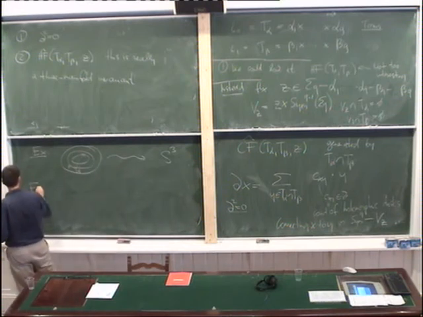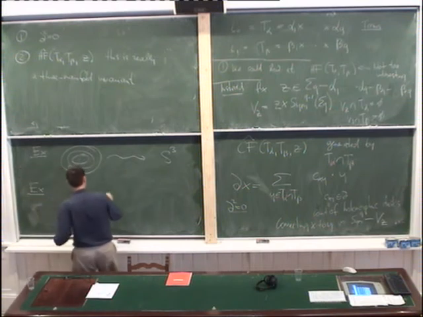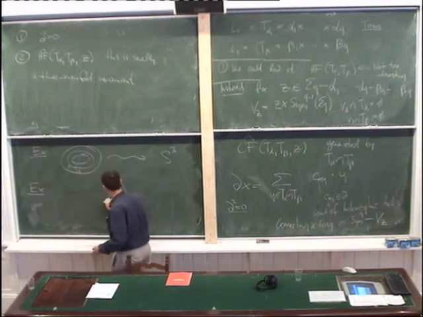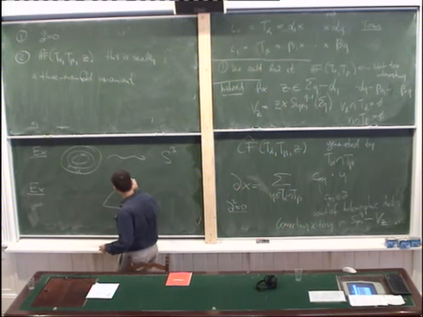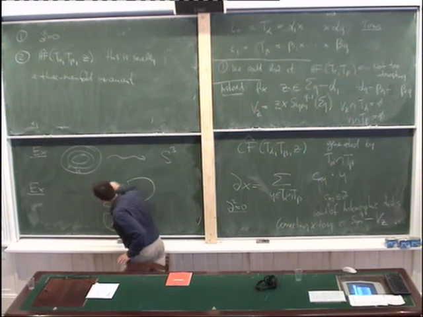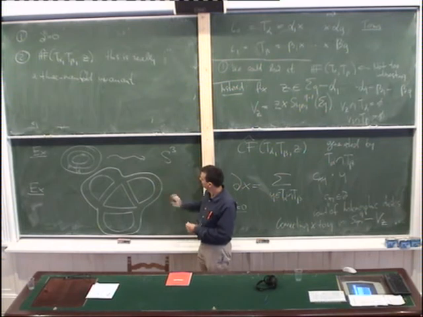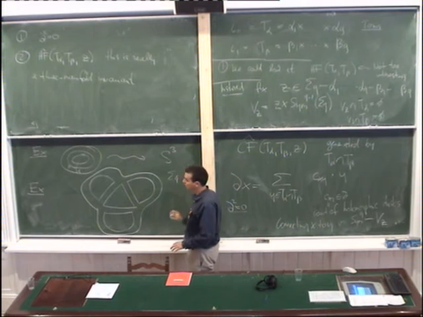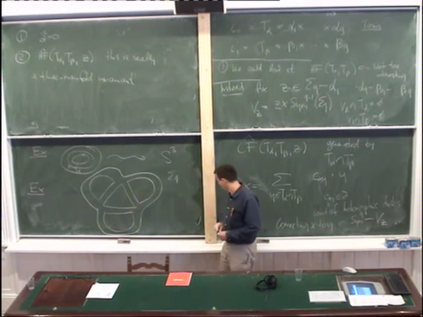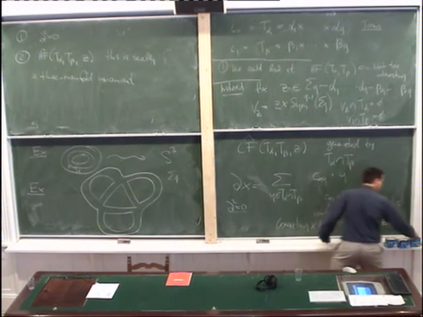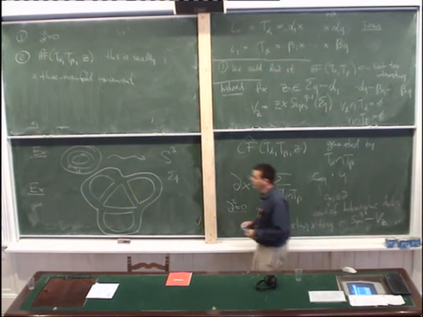And let me just finish with a more interesting example. Right now, you should view this as a genus four surface, and inside we have alpha and beta circles.